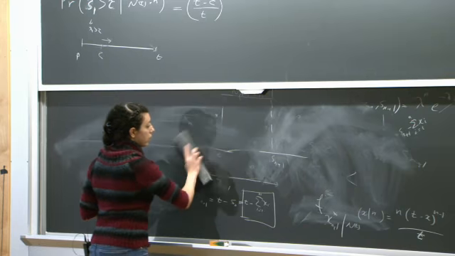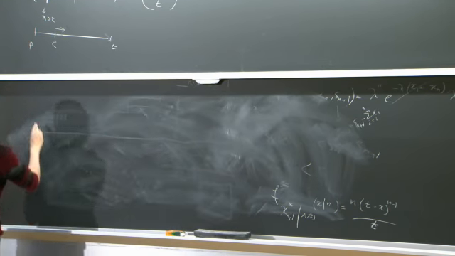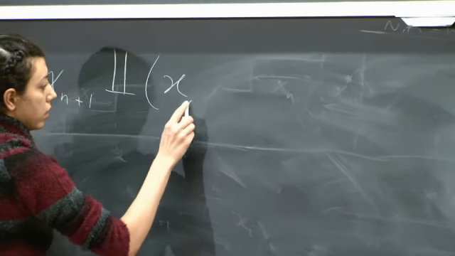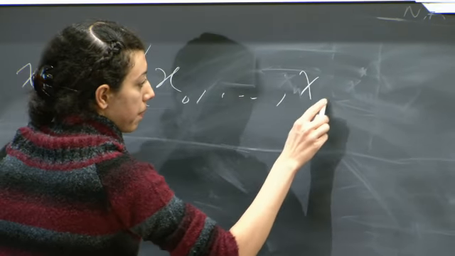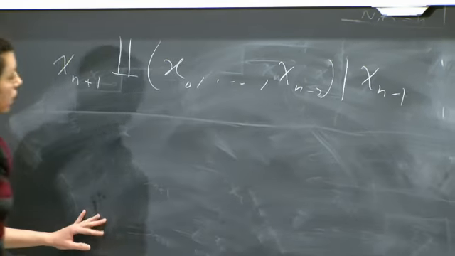There's a very nice way to show it. In general, we say that x n plus 1 is independent of the earlier history conditioned on xn.